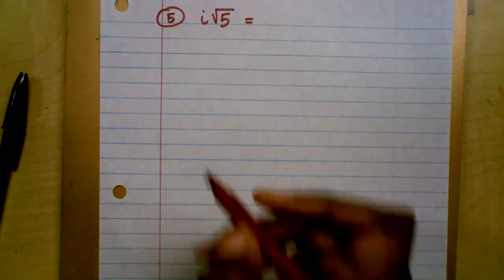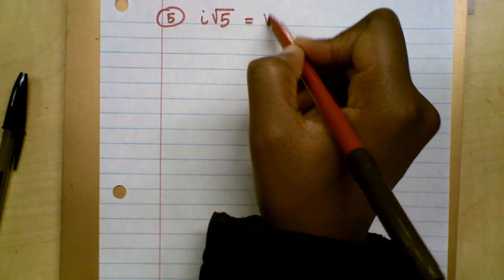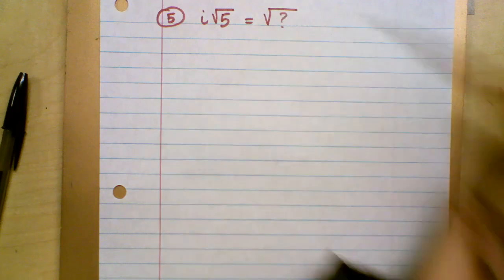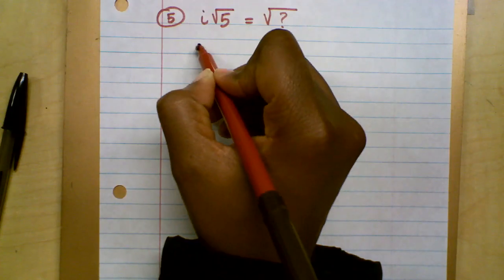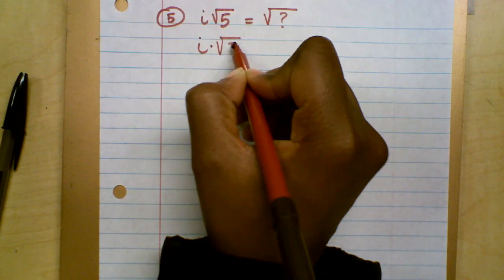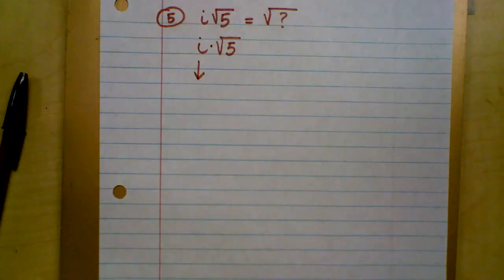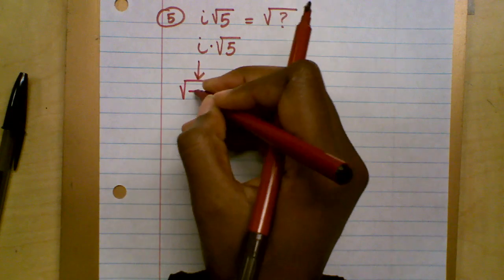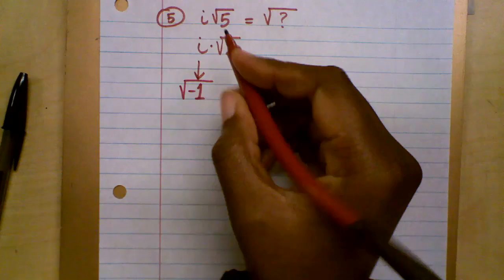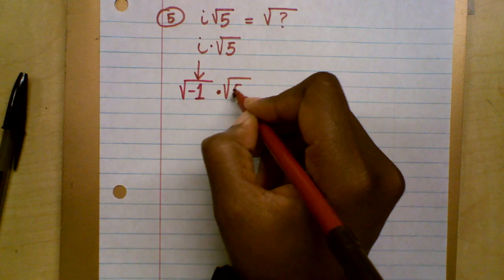For number 5, you have i square root of 5. I want to rewrite it as a single square root of a negative number. So you have i times the square root of 5, and we know that i can be written as the square root of negative 1, times the square root of 5.